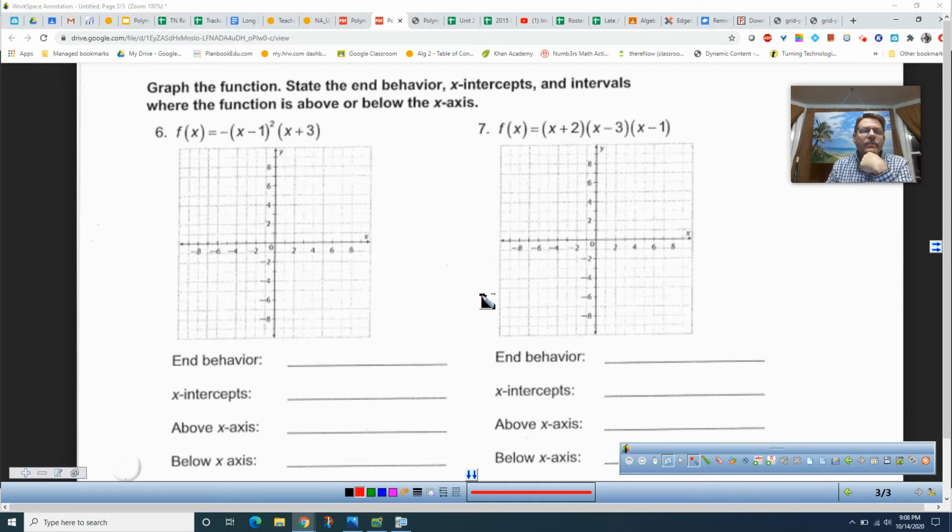Where should we start? Well, let's first start with the zeros, okay? If x minus 1 is my factor, what can I plug in to make it equal to 0? Positive 1. So it's going to cross the x-axis at 1. And this is x plus 3. That's my factor.